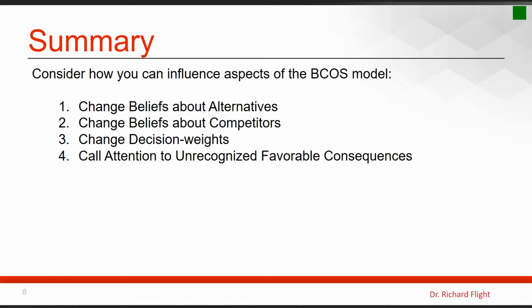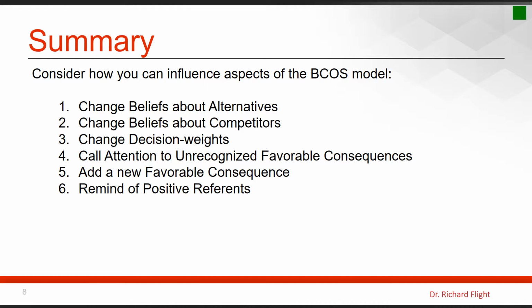So, unknown or unrealized benefits that you can build awareness for. That's what we're talking about here in both 4 and 5. We're either creating a new benefit that the customer is not aware of, or we're bringing to their attention a benefit that they'll receive that they otherwise wouldn't know about.